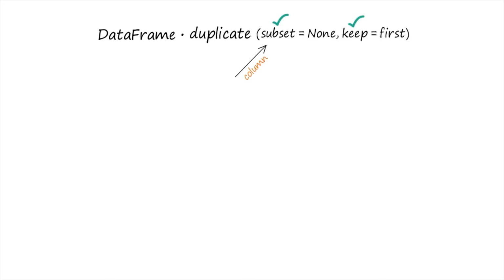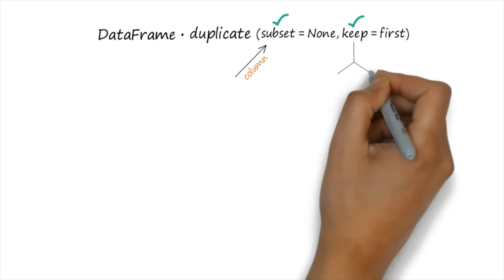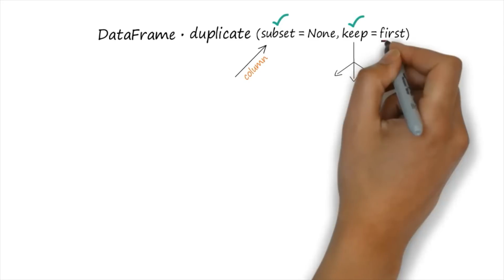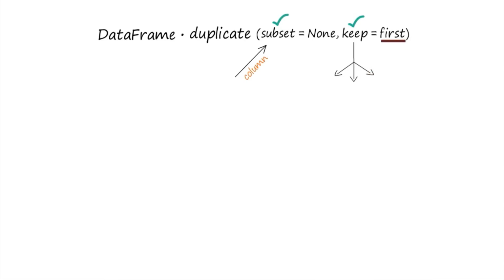Keep controls how to consider the duplicate value, which means we can use this keep value in three ways to deal with the duplicate values. If I write first, it considers the first value as unique and the rest of the same values as duplicate.